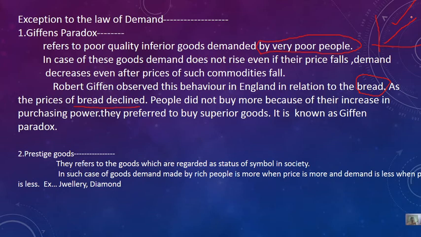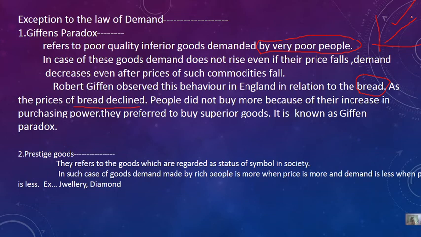In such goods, demand by rich people is more when their prices are high, and demand is less when their prices are less.